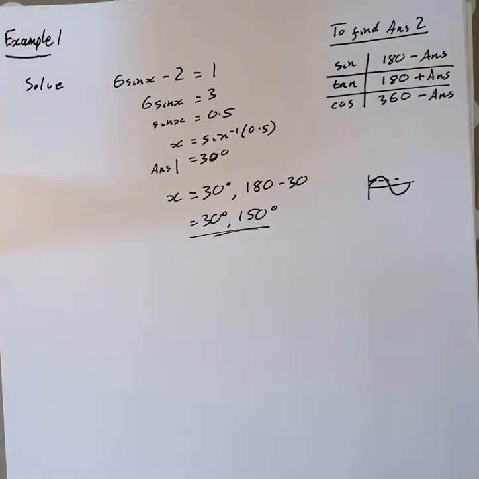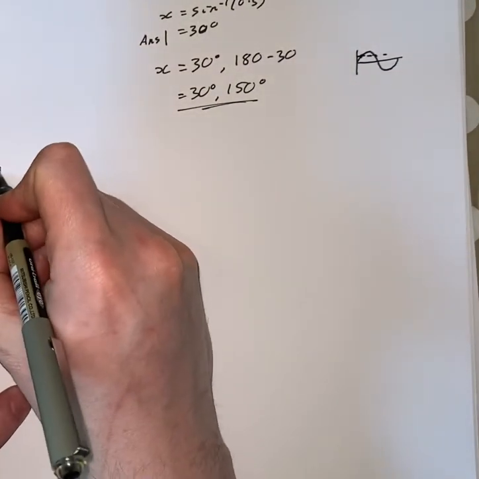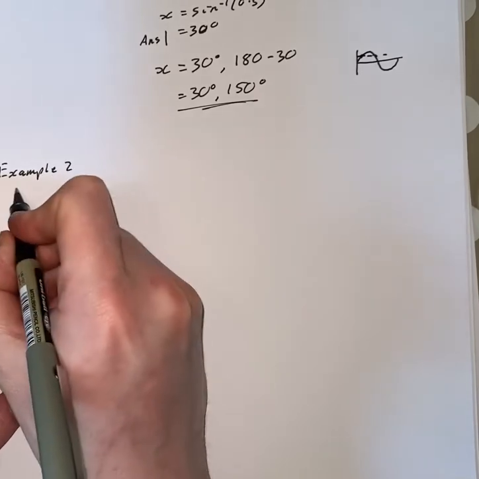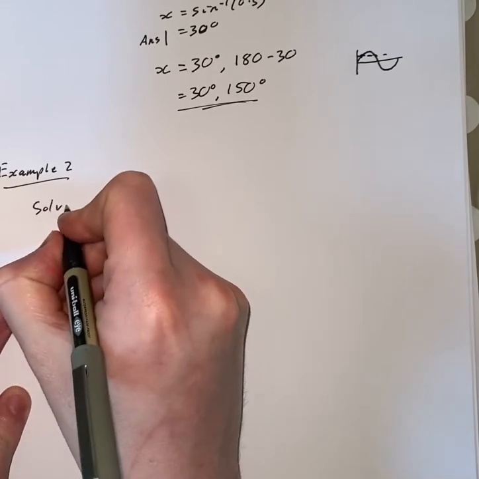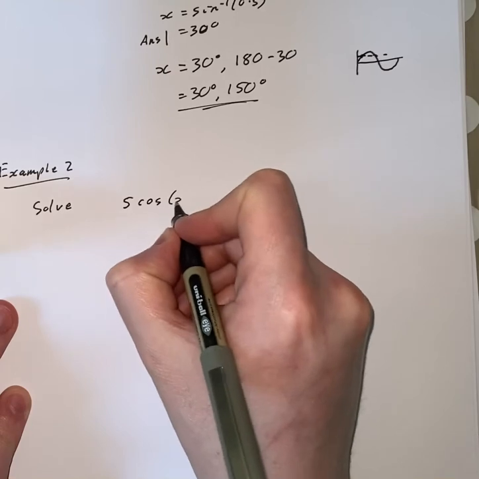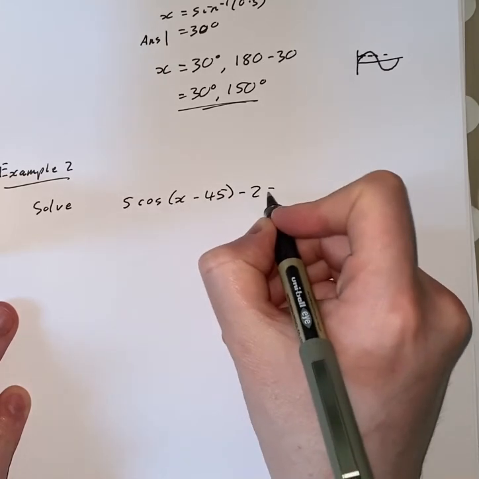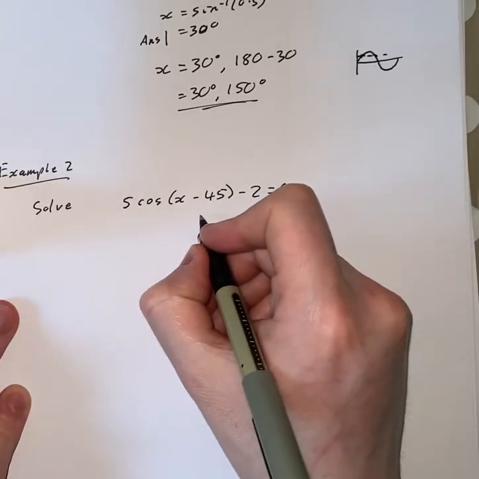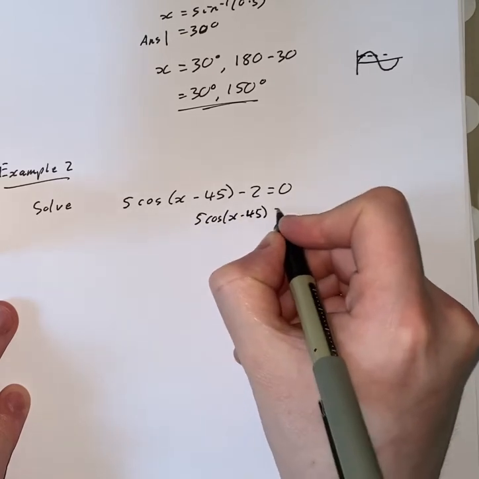If we have a look again at the same example as the last lesson, this time we'll look at cos. So for our second example, we had solve 5 cos of x minus 45, minus 2 equals 0. And what that allowed us to do was say that 5 cos of x minus 45 equals 2.